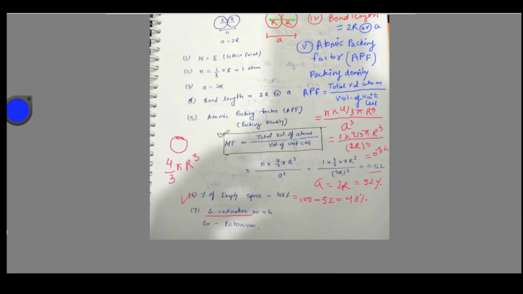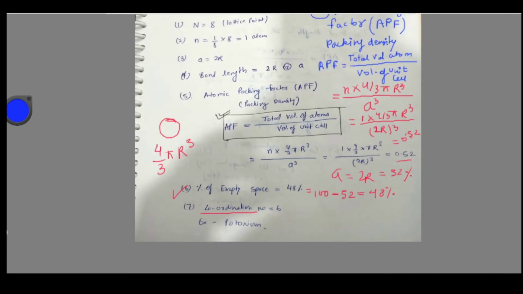An example of this kind of cubic cell is polonium.